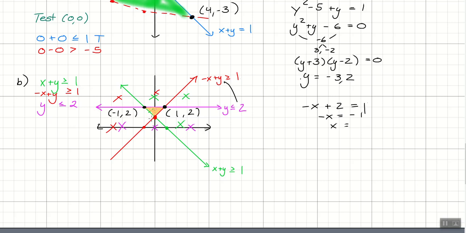The only one that's even a little bit ugly is right here. Which equations would we have to solve the system for to find that last point? Colors is fine with me. Green and red. So I need to know when is it true that negative x plus y equals 1. And the other equation, notice I'm not changing into the y equals anywhere. What method would you solve this with? Elimination, and I don't even have to change anything, right?